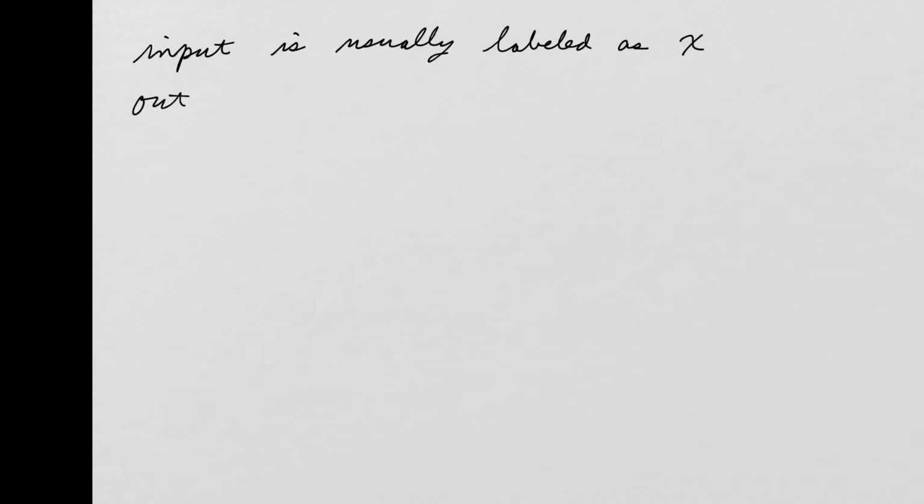So again, typically the input is usually labeled as X. And the output values that are in the range as a group are usually labeled as Y.